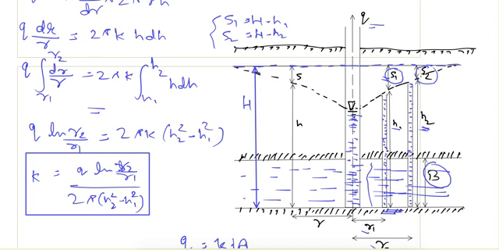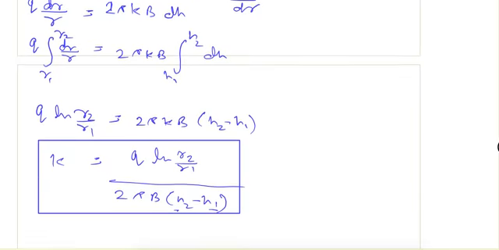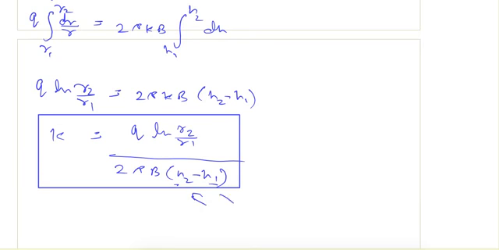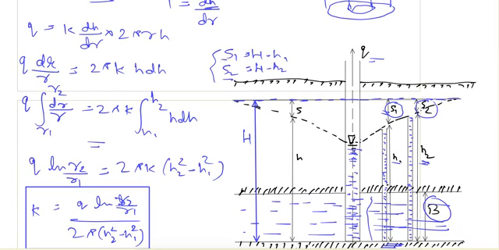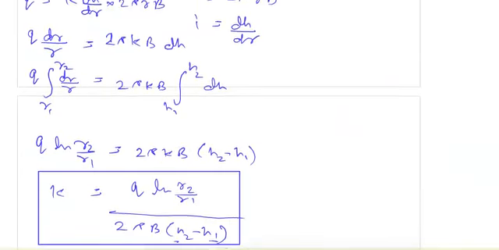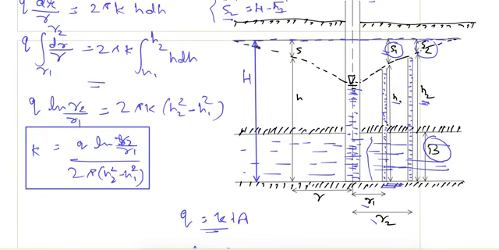So S1 and S2 can be converted into h1 and h2 as we require in this equation. If S1 and S2 are given, we can find h1 and h2, and from there we can find out the coefficient of permeability. Just keep in mind that these values h1 and h2 are from the bottom of the aquifer.